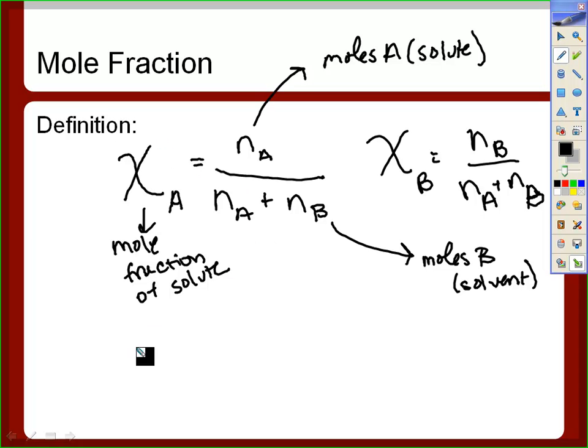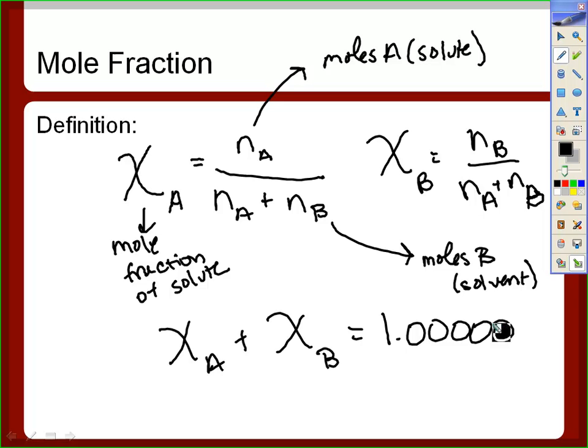If you take the mole fraction of A and the mole fraction of B, those should add up to equal 1 exactly. Infinite number of sig figs. So those two together should equal 1, which is handy because I can easily figure out one or the other based on this relationship.